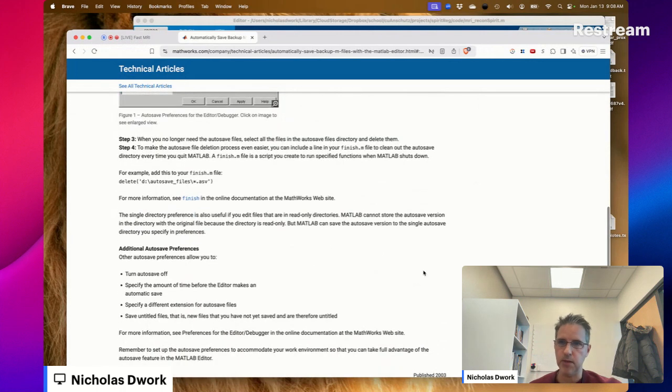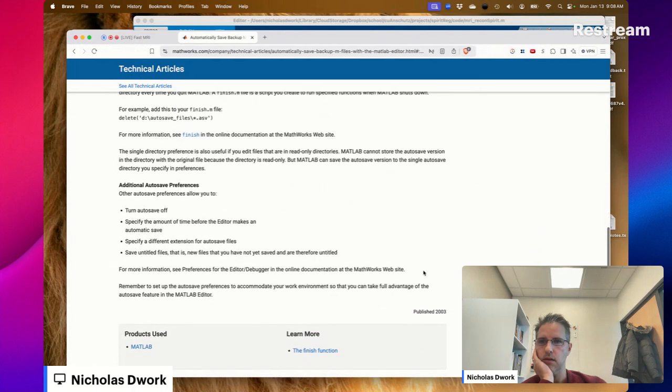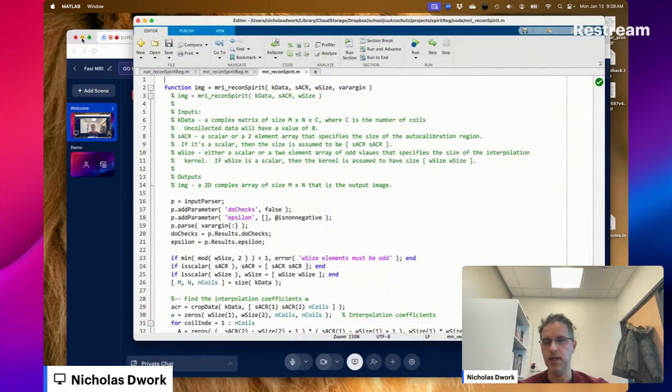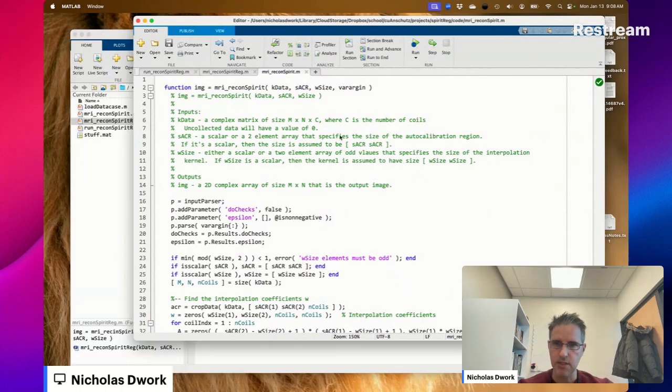Autosave, so it's not pre-compiled. It really is just meant to be a backup system. Okay. I guess I don't need to worry about that.